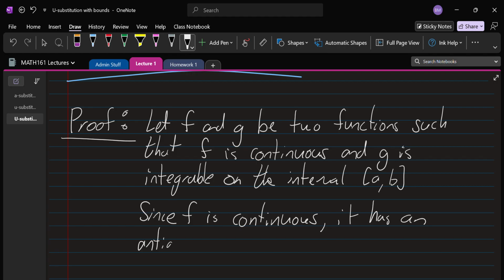I really hope you haven't forgotten what antiderivative is. It has an antiderivative, capital F. Whenever we've got a function little f, the antiderivative we call big F.